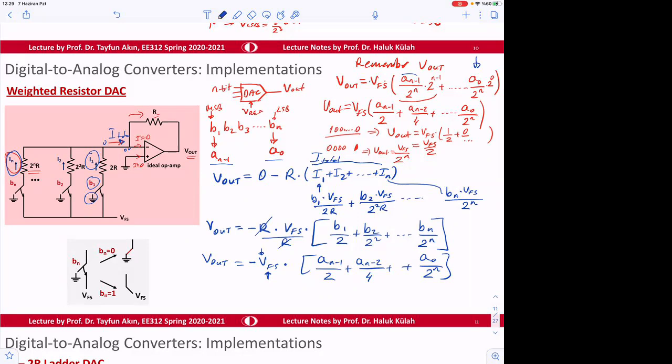Is that clear? Like for 3-bit, for the previous case, this can be.